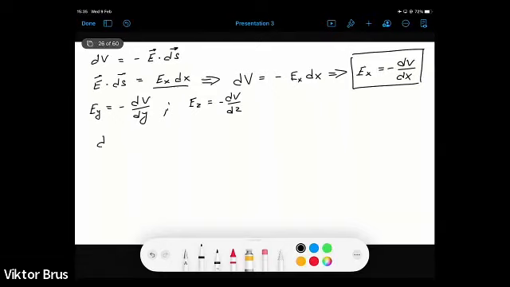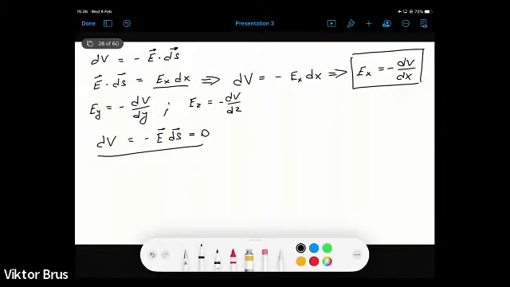In that case, dV is equal to minus E vector times ds vector, and that is equal to 0 because there will be no change in potential if we don't move away from the equipotential surface.